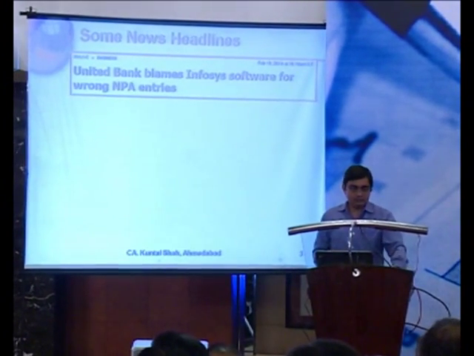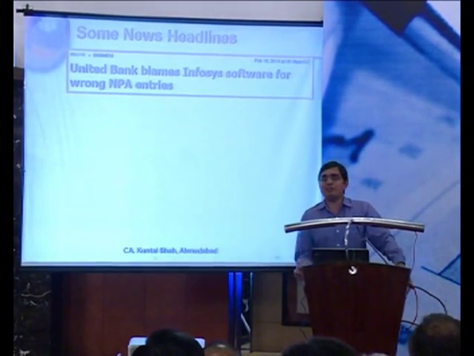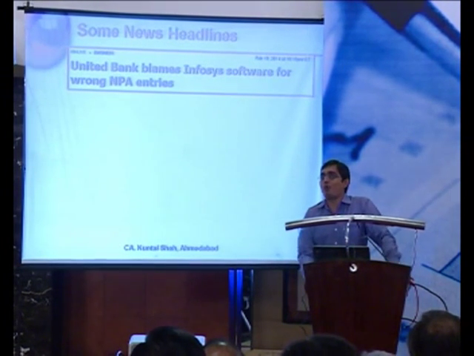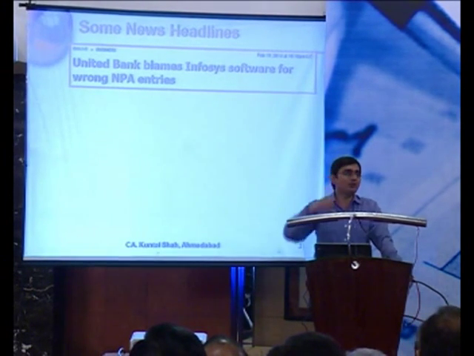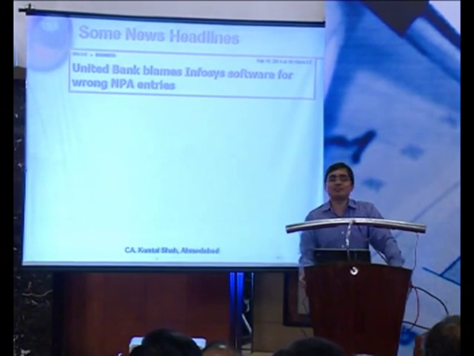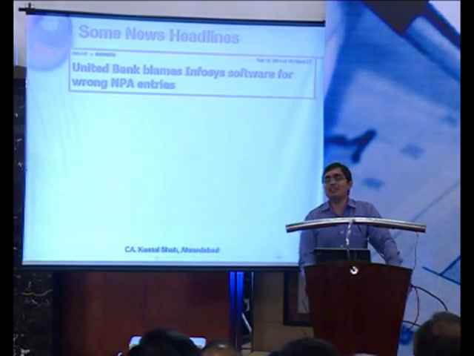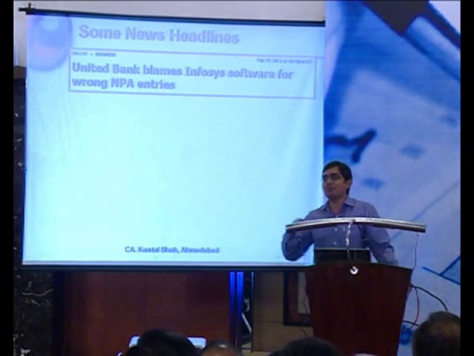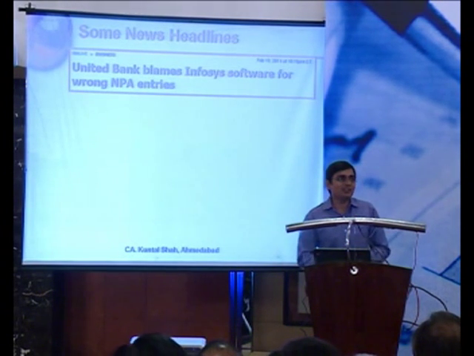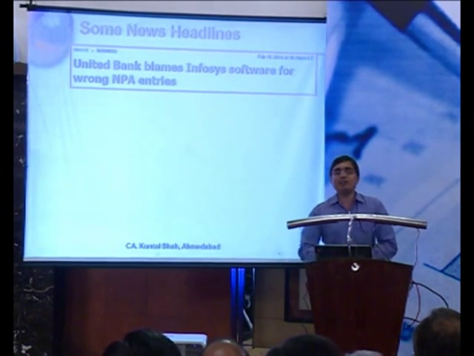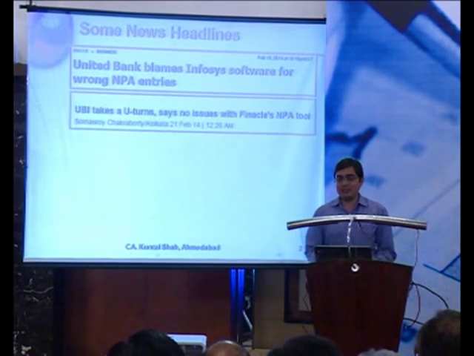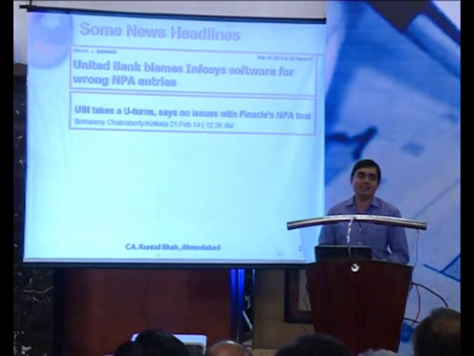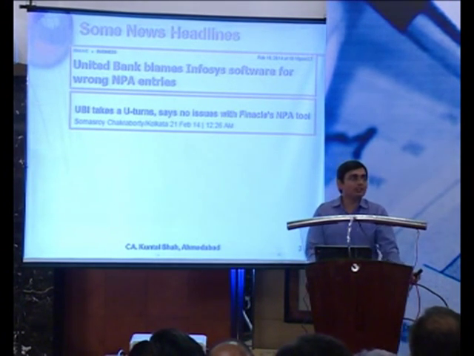The issue is that if the software itself has a problem, where will we go as auditors? On one side, sir has rightly raised the question that we are getting only 3 days, while on the other side they are saying that just because there is computerization, you will not require more days. In such a scenario, to what level can you rely on the systems? Just 2 days after that headline, in a few papers, the second headline came: UBI takes a U-turn, says no issues with Finacle's NPA tool.